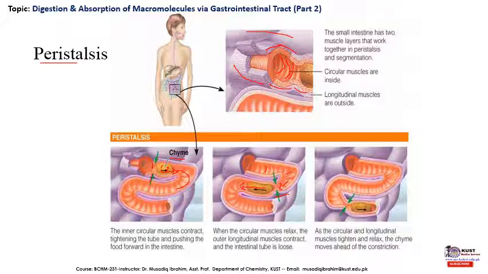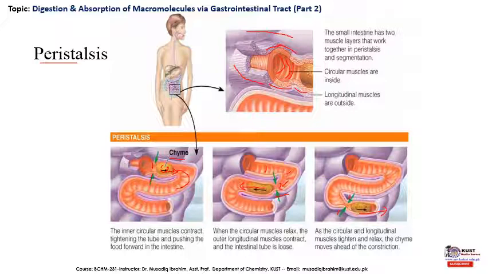And ultimately, when the chyme reaches the end, both the circular and the longitudinal muscles respectively tighten and relax, and the chyme can then enter the large intestine.